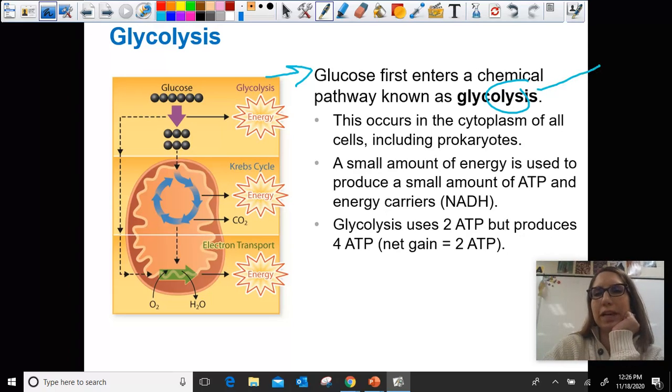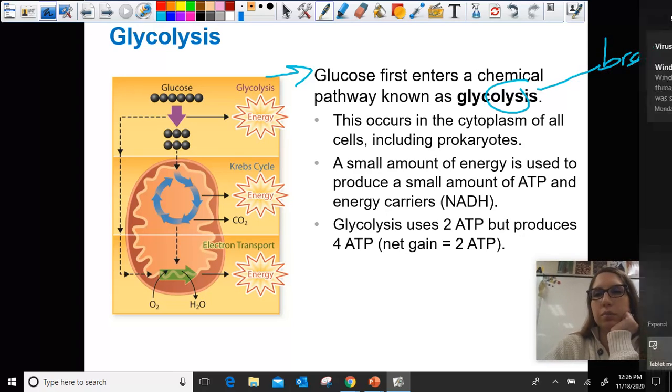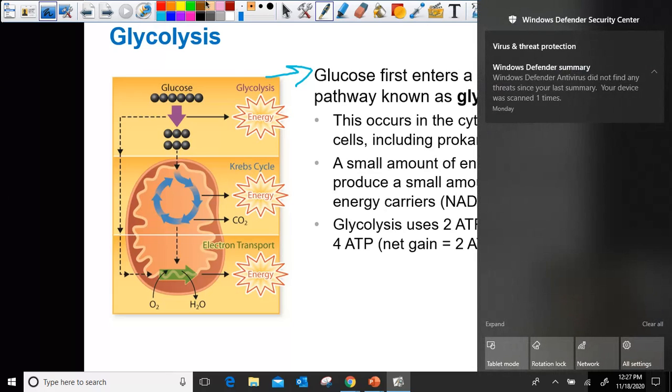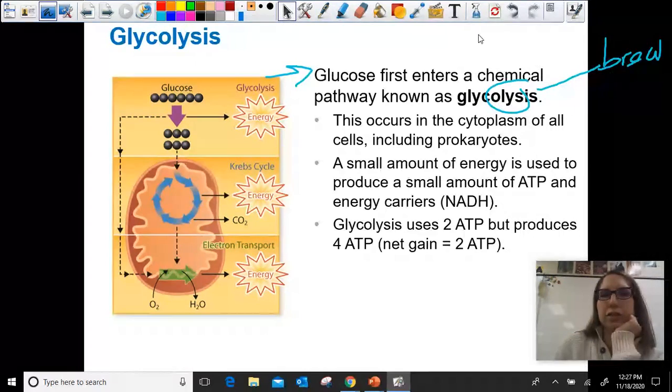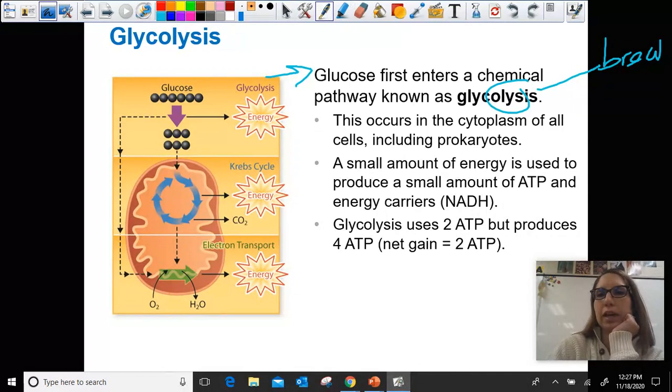If you remember what lys means, it means to split, to loosen, or to break. And so when we talk about cellular respiration, we're looking at here the breakdown of glucose through this process. So let me just start it right here.